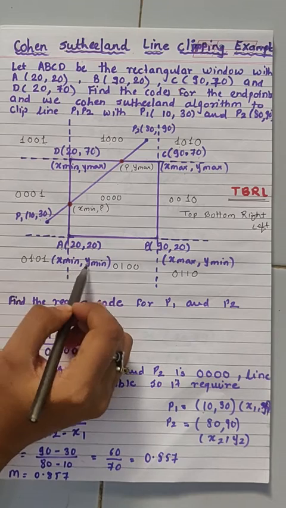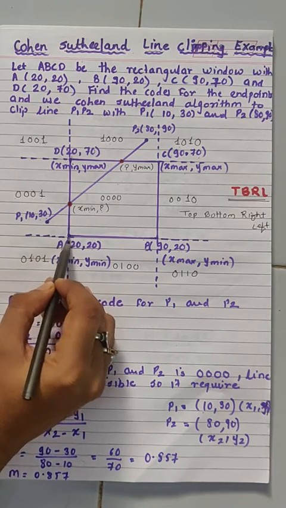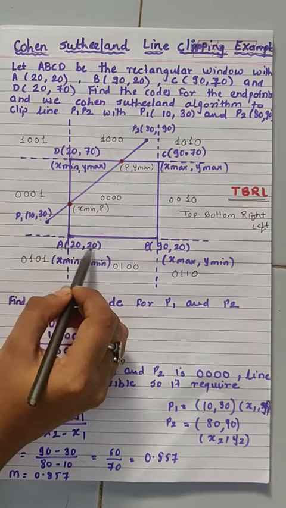So that will be the x min, y min point, which is always the left corner of the screen. So we will start from here. We get the A point as 20, 20 over here.